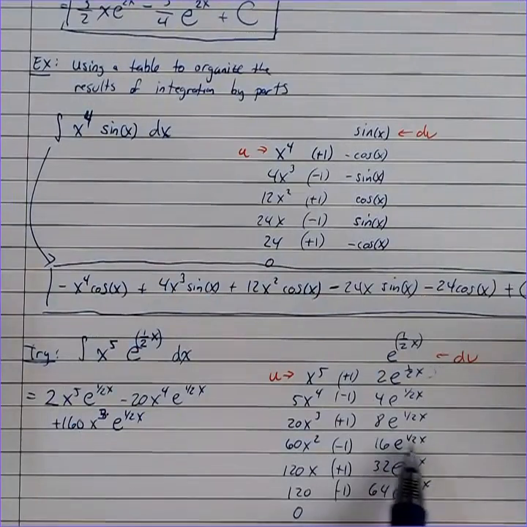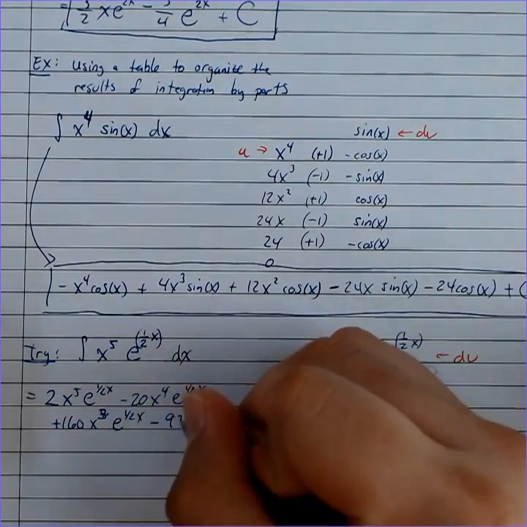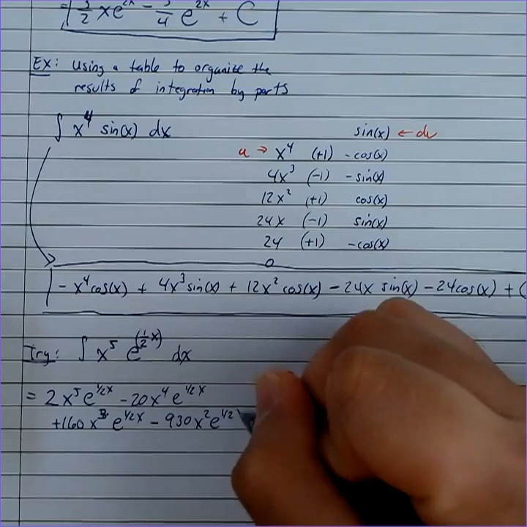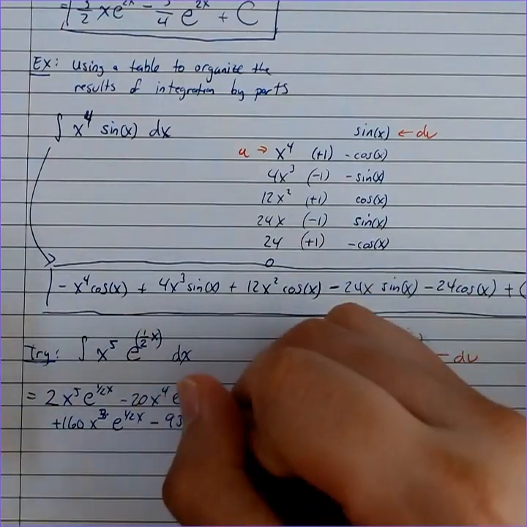And then this one multiplies together. Oh, let's see, what is that? 60, 90, 930. So that's going to be minus 930 x to the second e to the 1/2 x, like that. No, that's not right. 16 times 6 is 60. Oh, 96, 960.